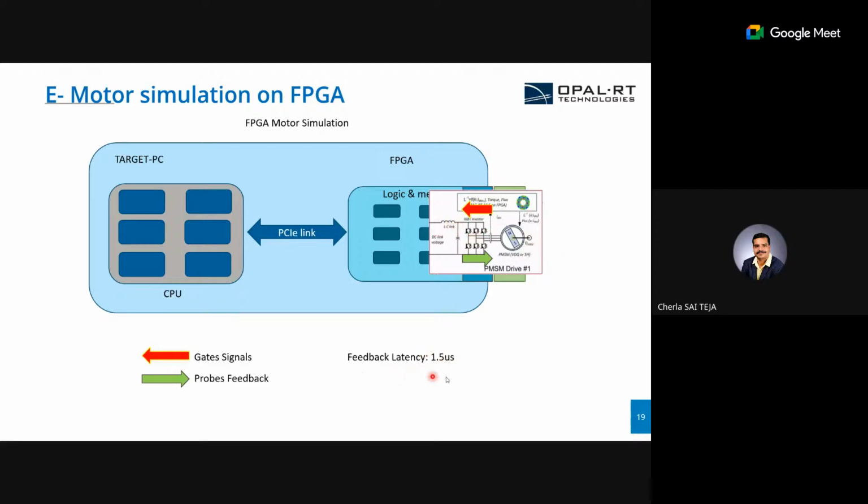Here you can see the feedback latency will be just 1 or 1.5 microseconds. With this kind of feedback latency, we can happily run the converter at hundreds of kilohertz of frequency. That is why for any motor or power electronic based converter study, we propose that the user follow this architecture or start using these solvers.